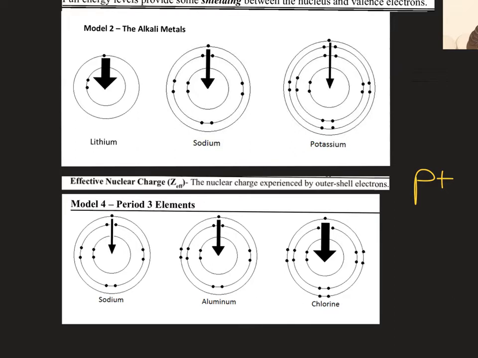We know that as you look across the periodic table, we have atomic numbers that go up in size by 1, right? Those atomic numbers are equal to your protons, all right?